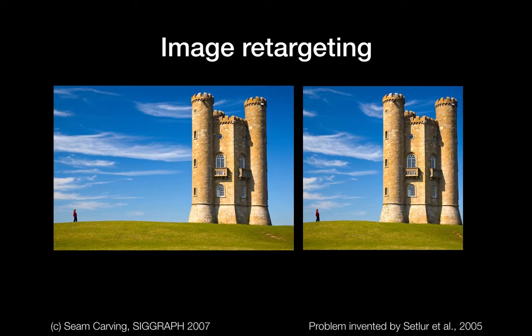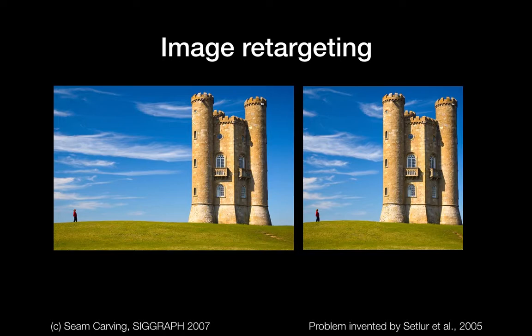Retargeting is basically when you generate an image, and the problem originated in 2005, when many devices were popping up, like mobile phones, tablets, and web computers. When you have an image, you have to see it in a good view from all these devices.